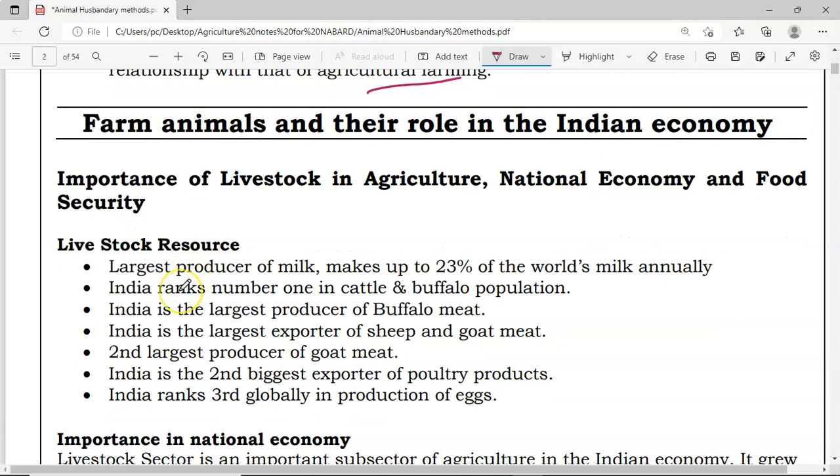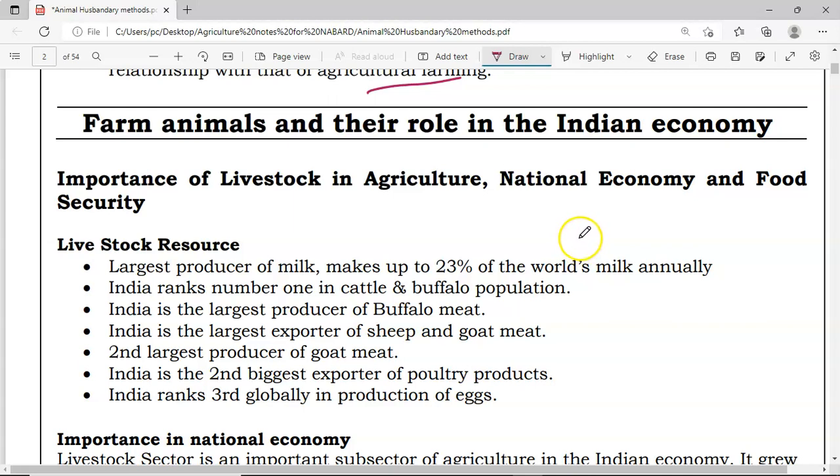Friends, we are all aware of the role played by livestock in our national economy. You will be able to understand what type of livestock system is working in our country and what the role of livestock production is in the Indian economy.